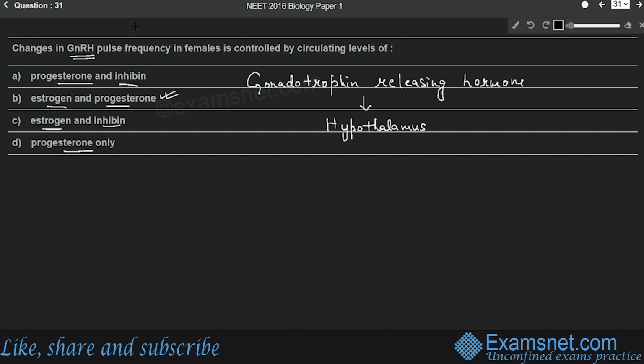Now there are two hormones which are released in response to gonadotropin releasing hormone, and these are follicular stimulating hormone, that is FSH, and LH, that is luteinizing hormone. Okay.